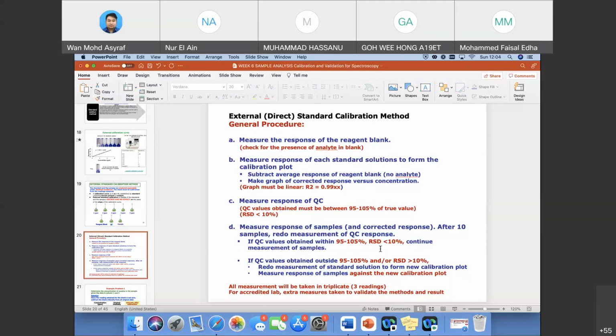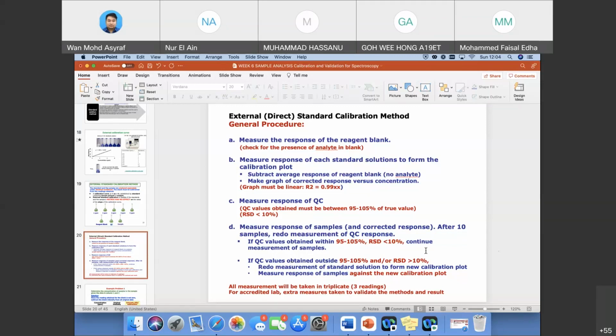If there is a large fluctuation in the signal, the QC values must be between 95 to 105% of the true value. The RSD must be less than 10%.